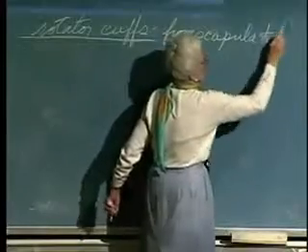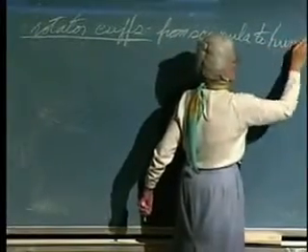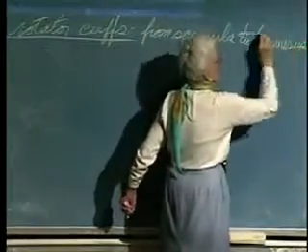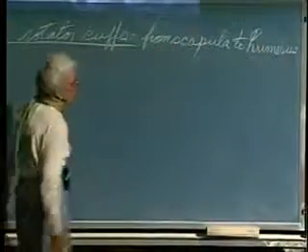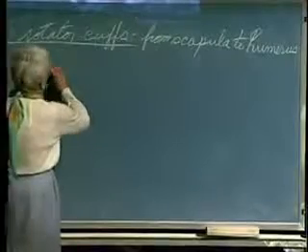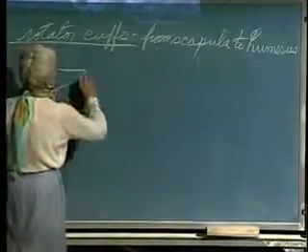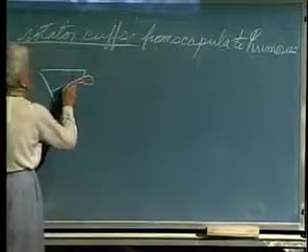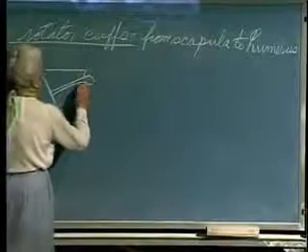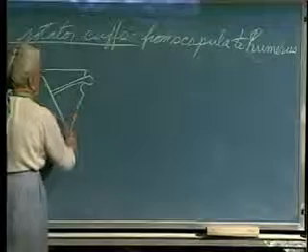I'll give them to you because you've already had all the parts of the bones involved. So we're going to have the scapula, spine, acromion, glenoid fossa, and down.